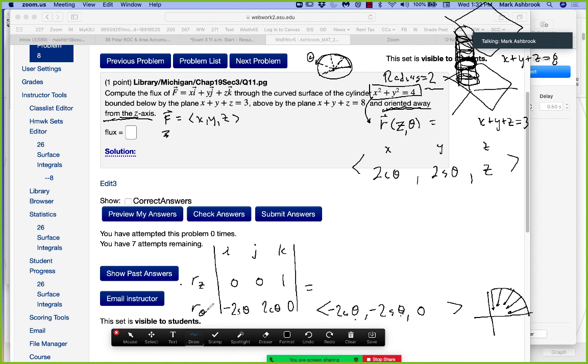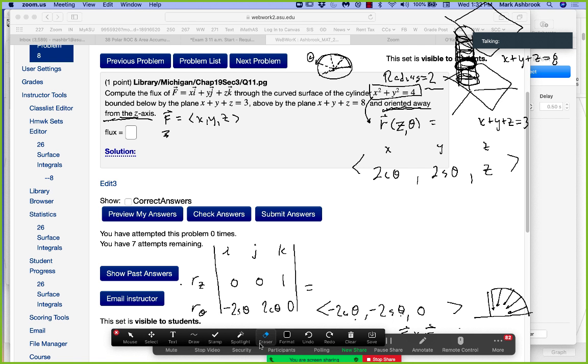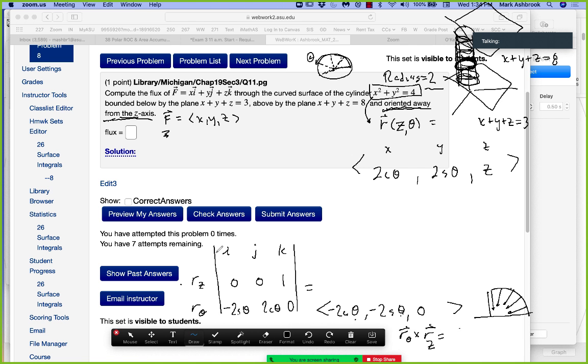So we should have done what? Instead of R_z cross R_theta, to get the right orientation, we should have done R_theta cross R_z, and we know exactly what that will be. We didn't waste any time, because we can use our answer to write this one down, which is 2 cosine theta, 2 sine theta, 0.